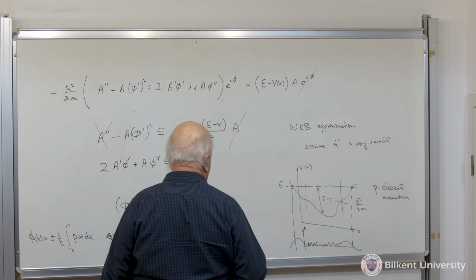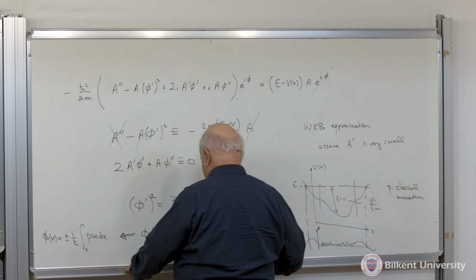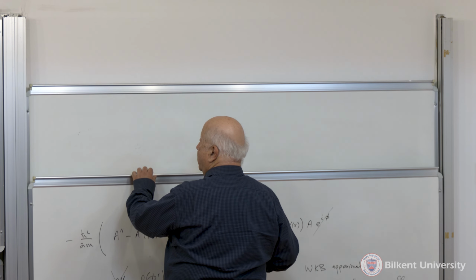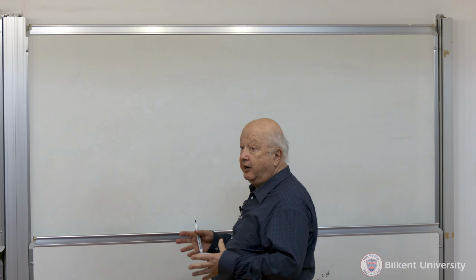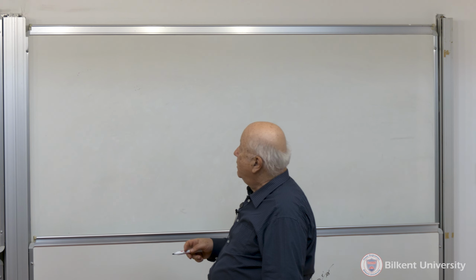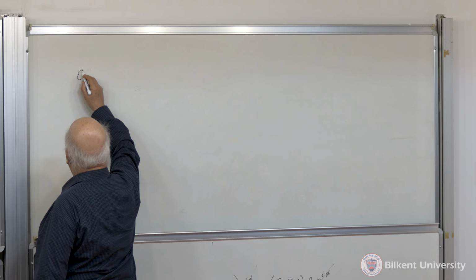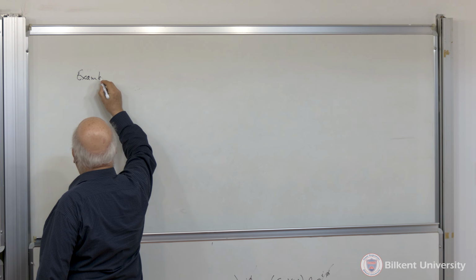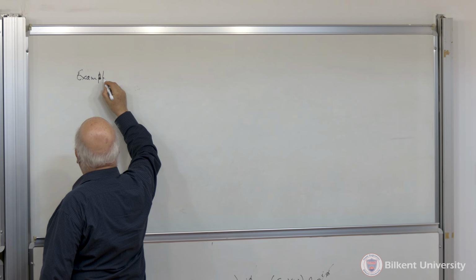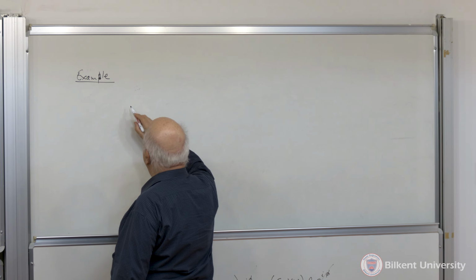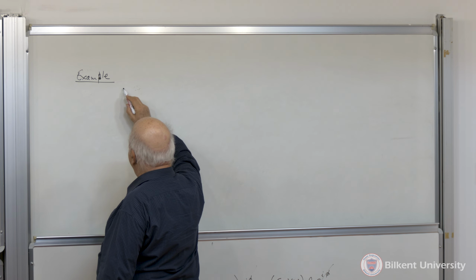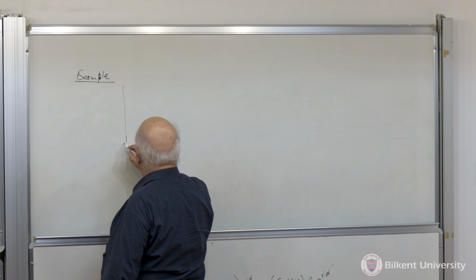So we'll have to discuss the exceptions later on, but at this point there are a class of problems which we can attack immediately. As an example, suppose I have a problem in which this E greater than V is satisfied all over the place.